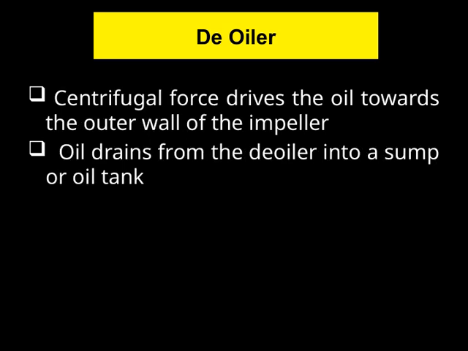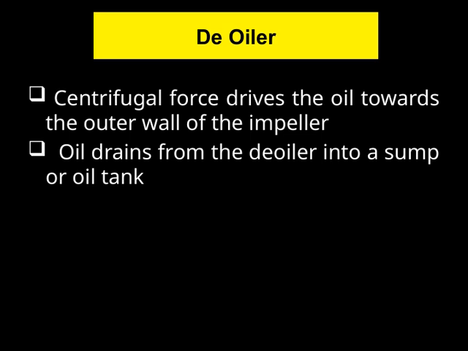Centrifugal force drives the oil towards the outer wall of the impeller, which is a key mechanism in the de-oiling process. As the impeller spins, this force causes the oil to move outward, effectively separating it from the gas. Once the oil reaches the outer wall, it can then drain away from the impeller and flow into a sump or an oil tank.